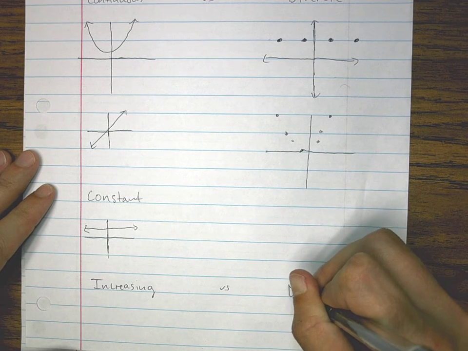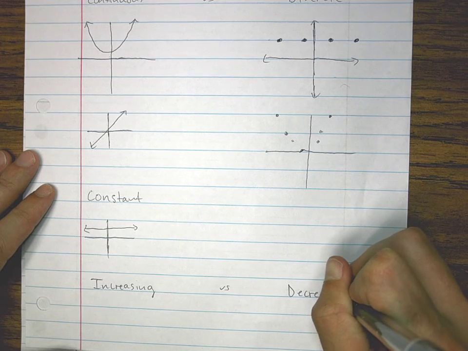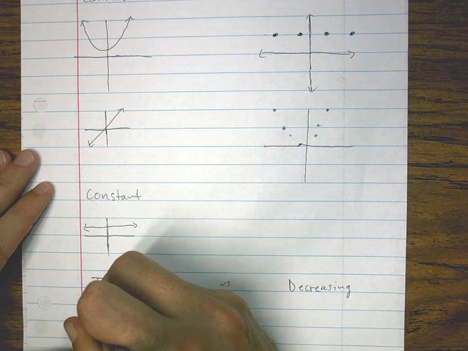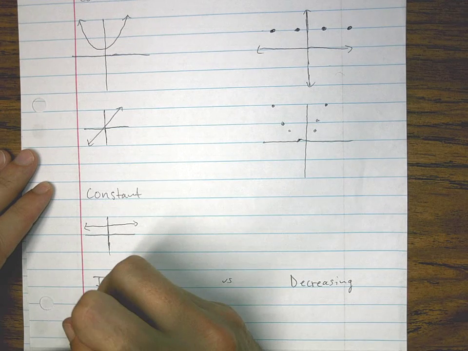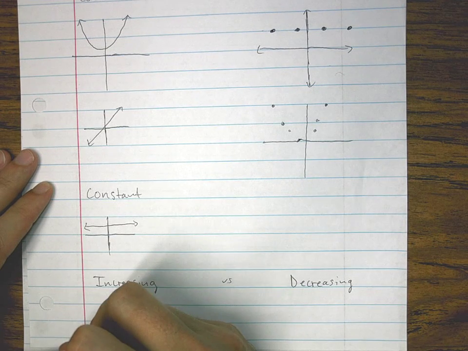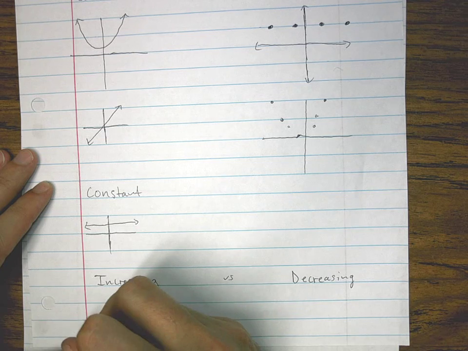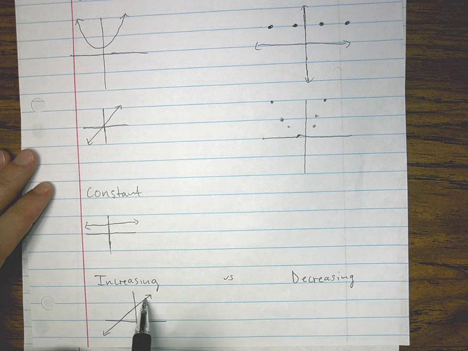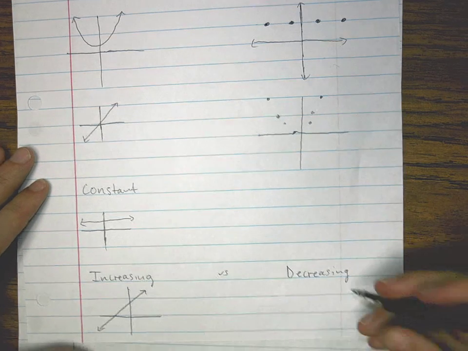So just like we read books, we read any kind of language, we read from left to right. So an increasing graph will be one that is a line that goes up from left to right. So if I move my pen from left to right along the graph, I notice my pen is going up the paper, which means it is increasing.